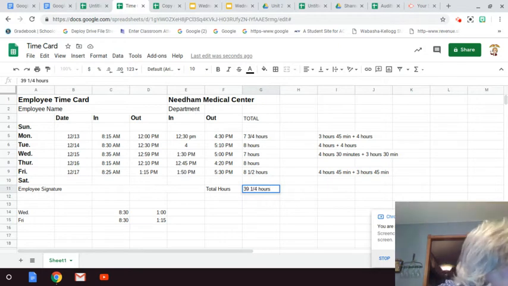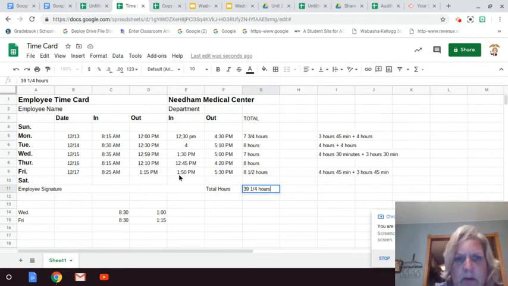I'm looking at the answer in the book here, and it got 39.5. Let's see. Oh, Thursday. Did I do Thursday right? 8:15 to 12:10. Again, that's going to get rounded to 12:15. So that's 4 hours. And then 12:45 to 4:20. 4:20 is going to go back to 4:15.